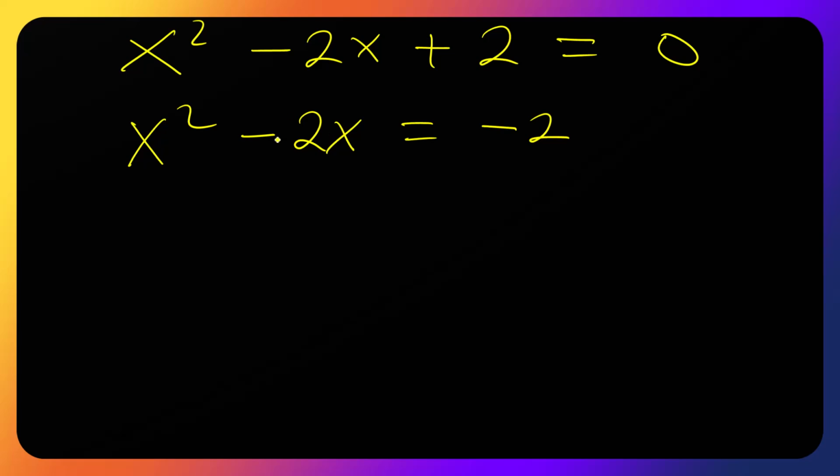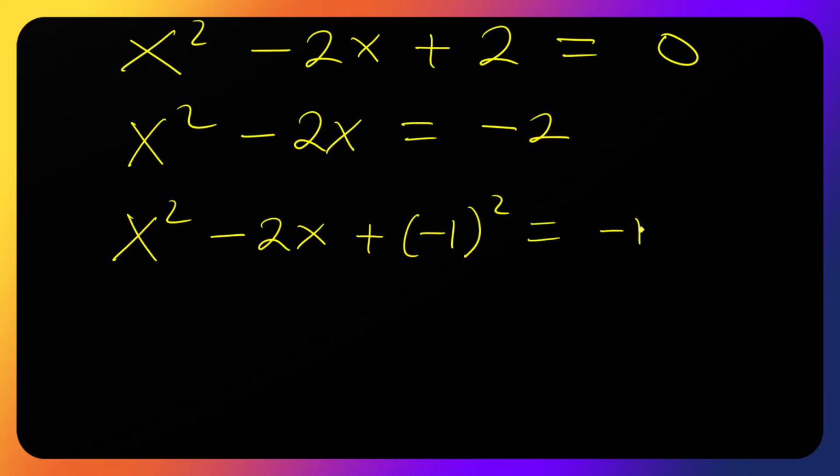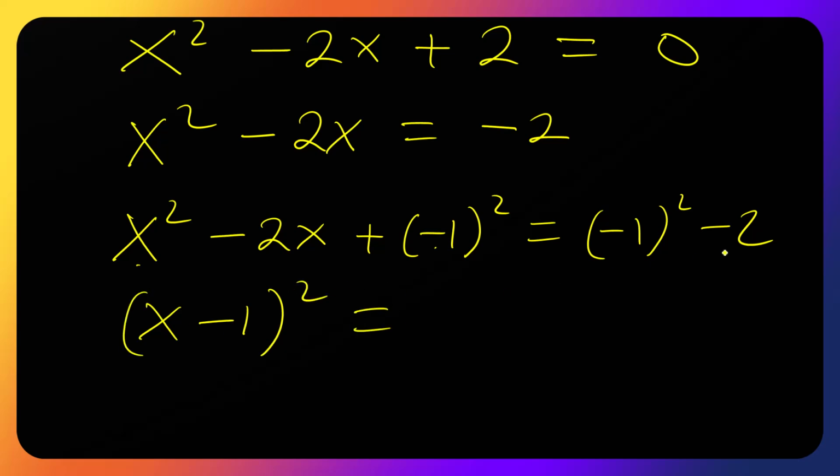So half of the coefficient of x, that will be x squared minus 2x plus minus 1 squared equals minus 1 squared minus 2. So this and that, x minus 1 all squared equals 1 minus 2.